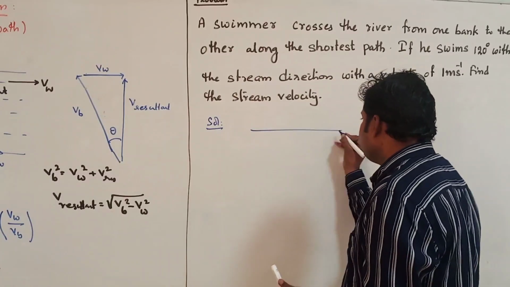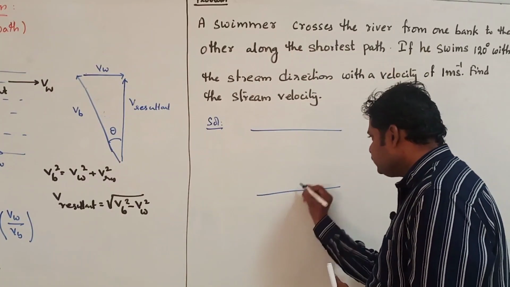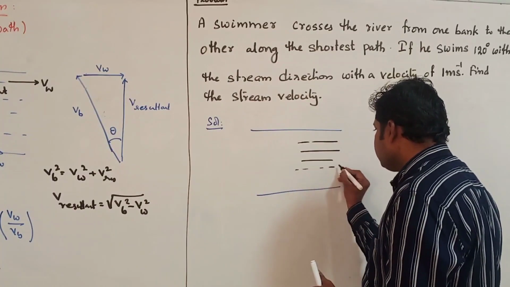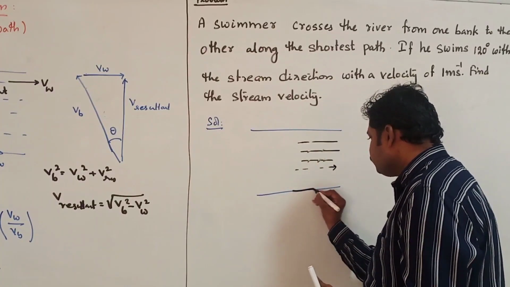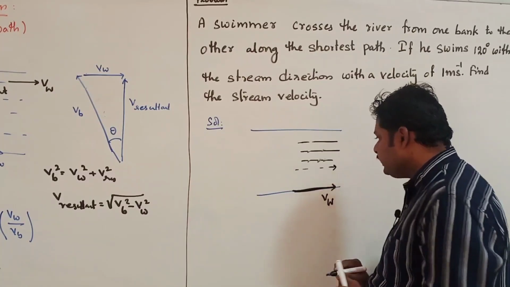So this is the two banks of the river. Assume this is the stream direction. Stream means water, VW direction.